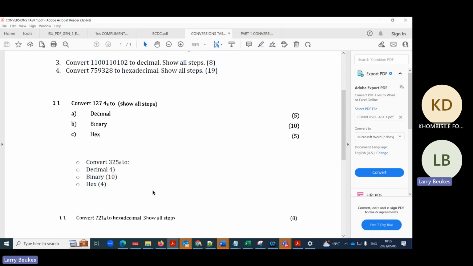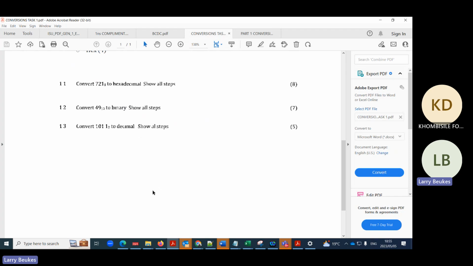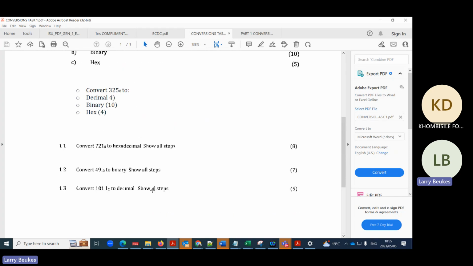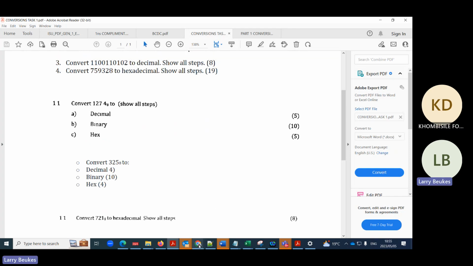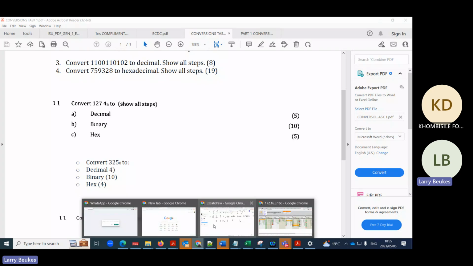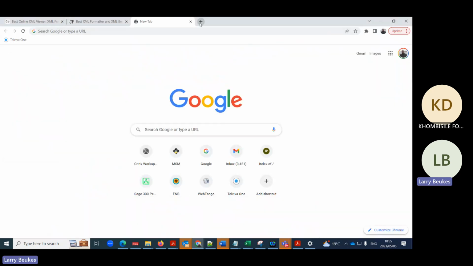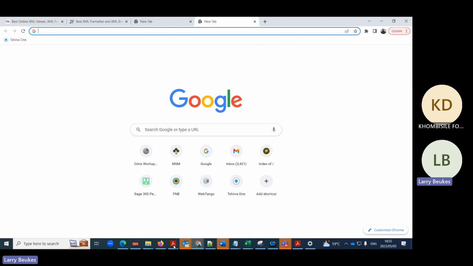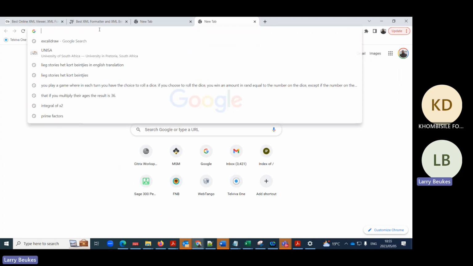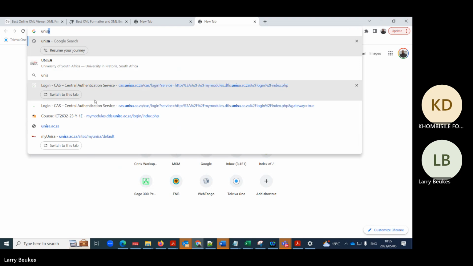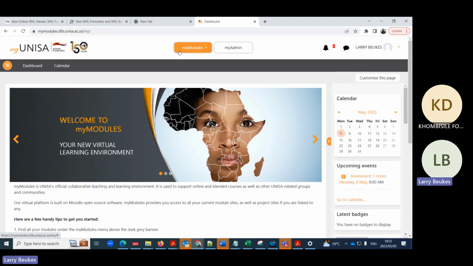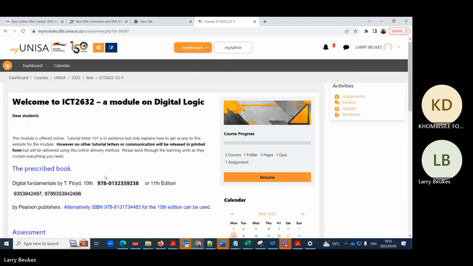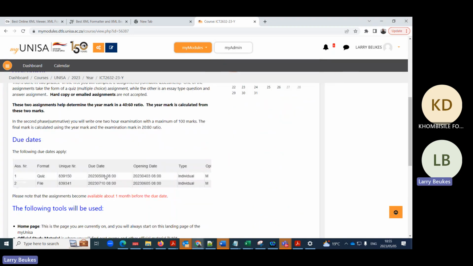One thing I wanted to ask is that I've never seen what your assignment one looks like. Is it uploaded? Yeah, it's even due next week Monday. Where do you guys get it? Let me see, maybe my UNISA interface is a bit different. Let's see quickly my modules. Where is it? So you see this, and then from here, where do you go?